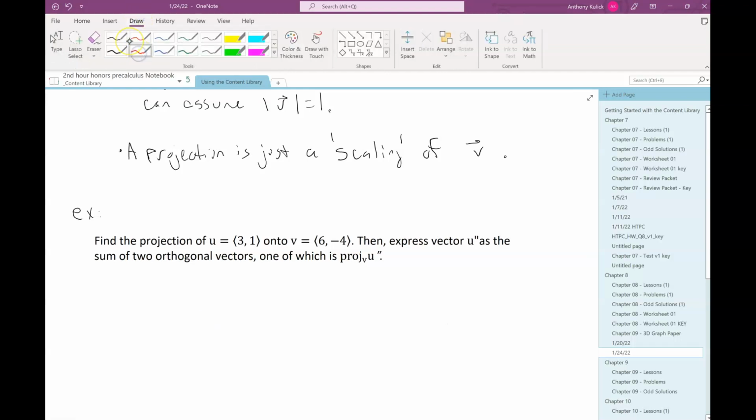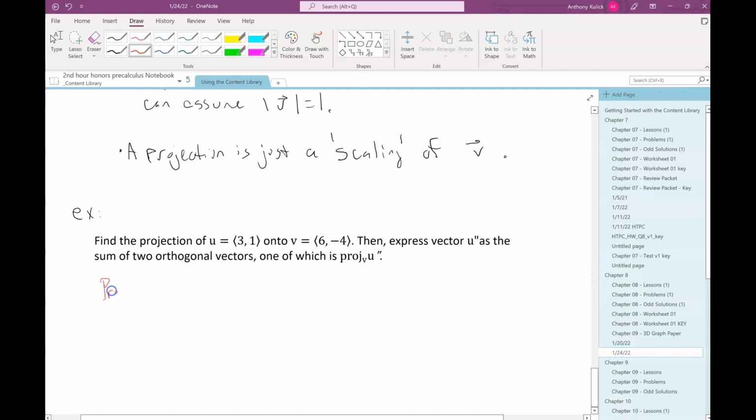So it says, find the projection of U onto V, and then express vector U as the sum of two orthogonal vectors, one of which is the projection of U onto V.